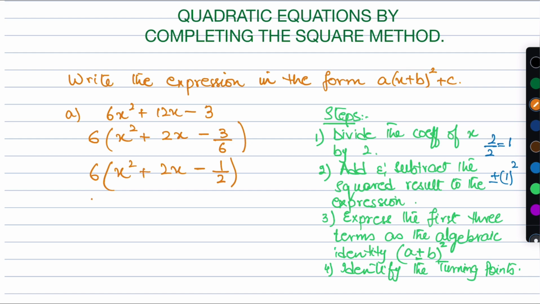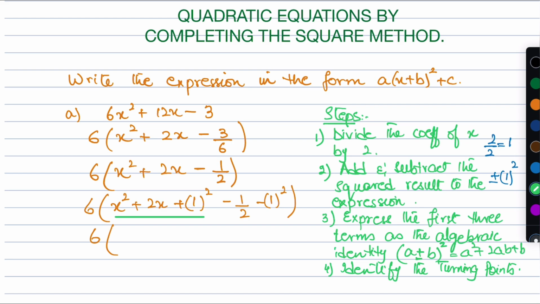So to do that, I take 6 common, and I will have here x squared plus 2x. First, I will be adding the squared term, and then to balance the expression, I will be subtracting the squared term as well. I can see that the first 3 terms now represent a squared plus 2ab plus b squared, with b being 1. Now a squared plus 2ab plus b square can be written as (a plus b) the whole square.